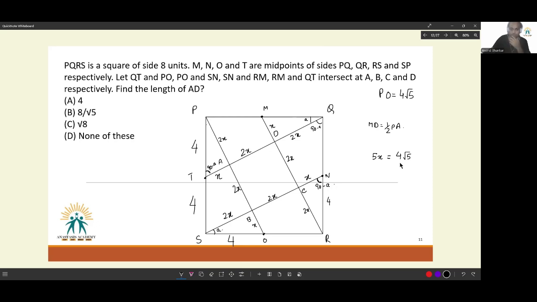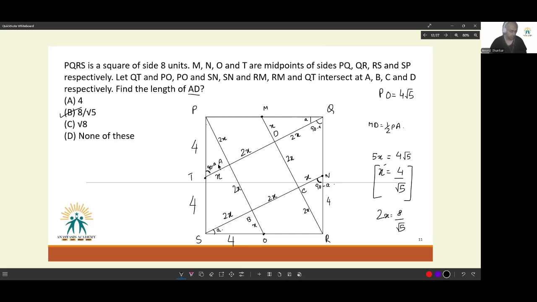So x will be equal to 4 by root 5. Remember we were looking for the length of AD. AD is 2x. 2x will be 8 by root 5, or option B.